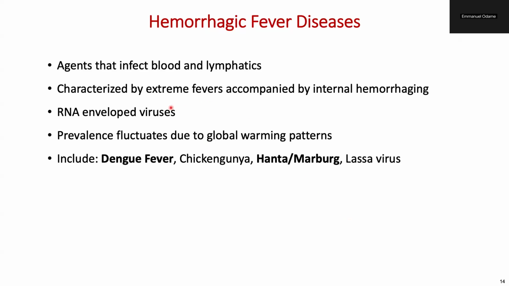Their prevalence is fluctuating due to global warming patterns. So it goes up and down. For that reason, their prevalence is going up and down too. These viruses that cause hemorrhagic fever disease cause downstream diseases that we know, which are dengue fever, chikungunya, Hanta or Marburg, and we also have the Lassa viruses.